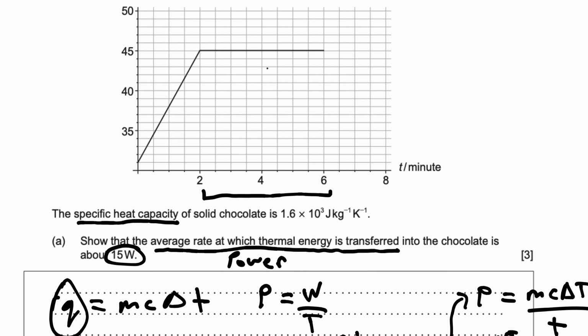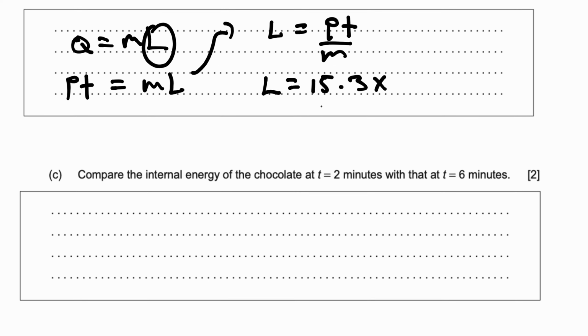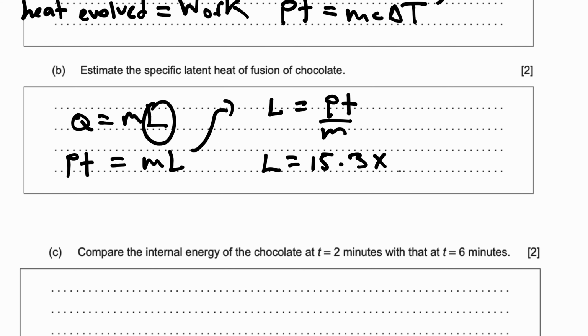The portion of the graph where there is no change in temperature is the portion where there is a change of state. And so from 2 to 6 minutes is the time we need for this expression. That is 240 seconds over the mass of the chocolate, which is 0.082 kilograms.